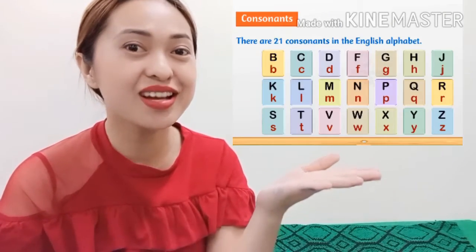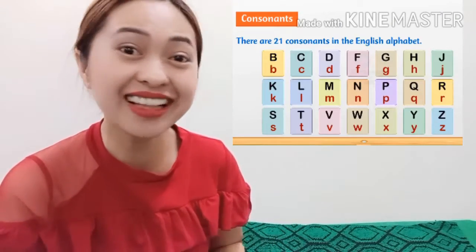Good job! So now kids, to help us remember more our consonant letters, I want you to watch this video. Kids, we learned that in English alphabets, there are 21 consonant letters.